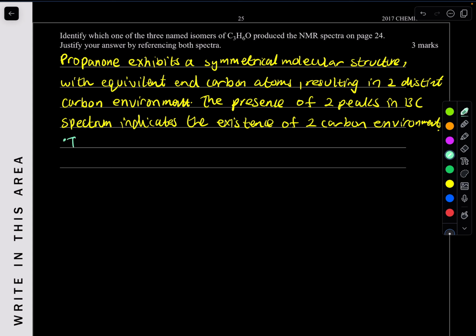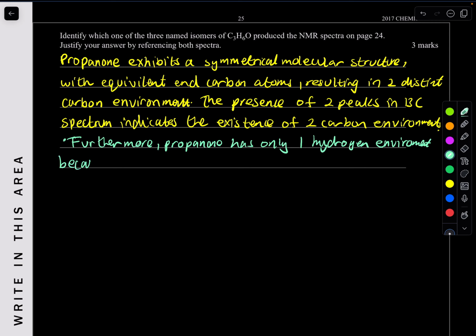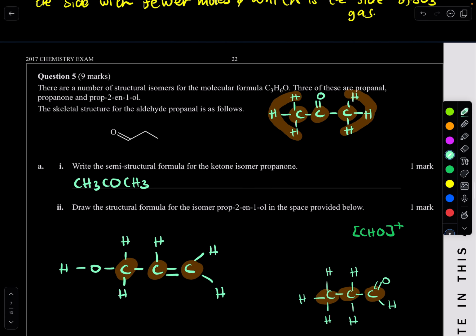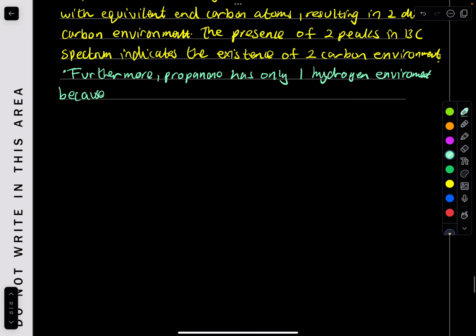Furthermore, to prove more, propanone has only 1 hydrogen environment because all the hydrogens are symmetrical from both sides, which created 1.